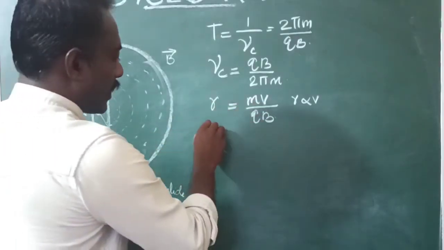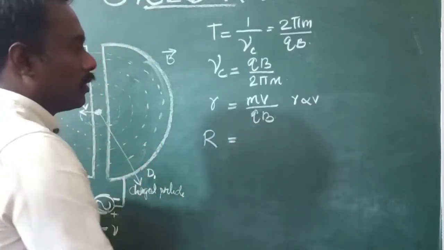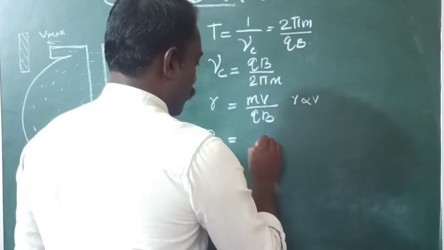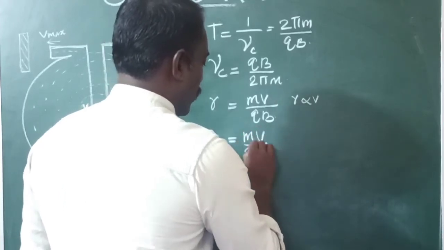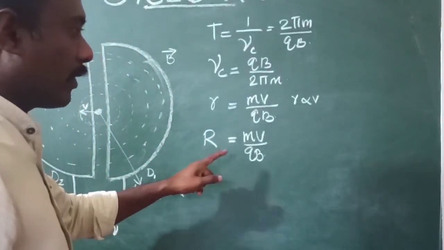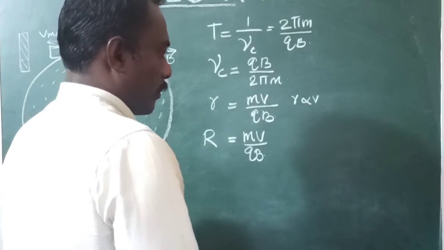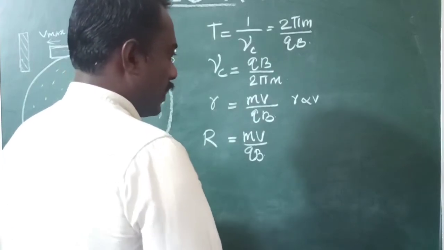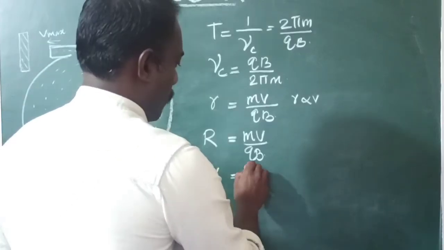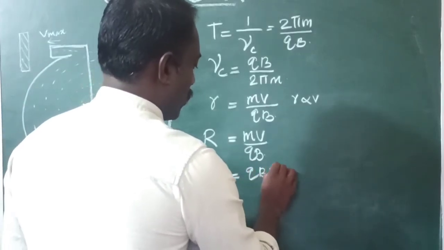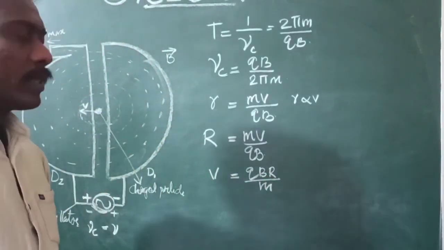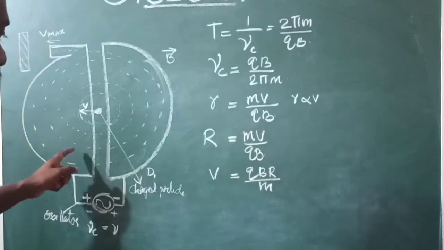If the radius is taken as R, then the equation is R = mv divided by qB, and from this equation we can get the speed of the particle: v is equal to qBR divided by m.